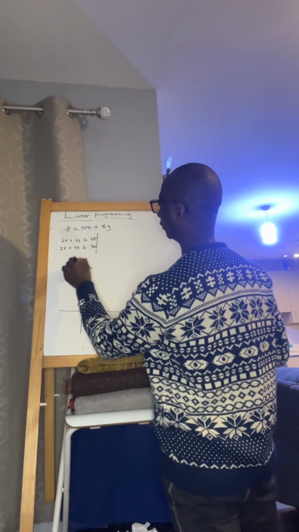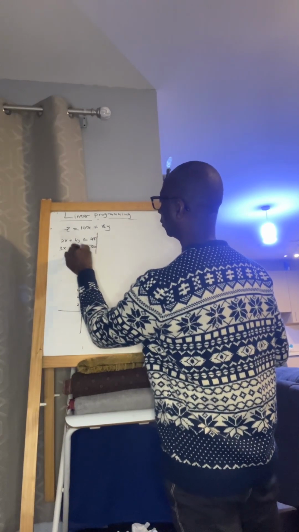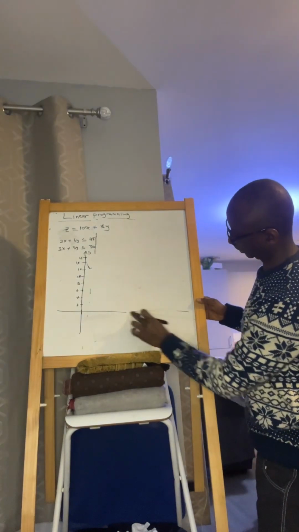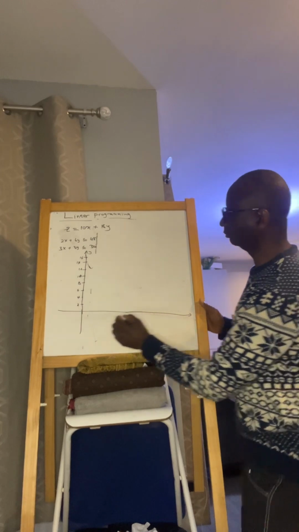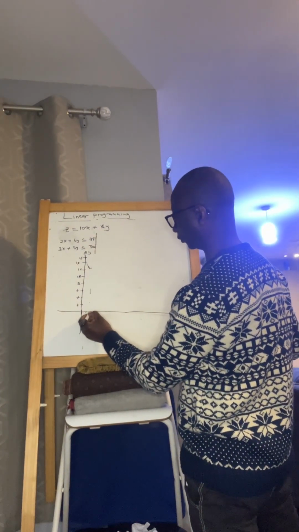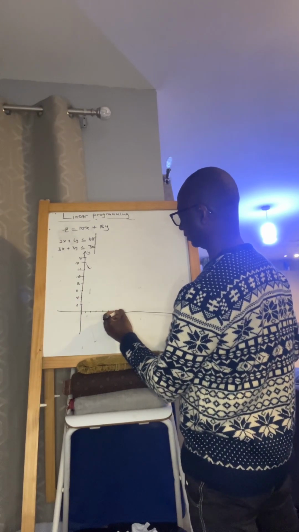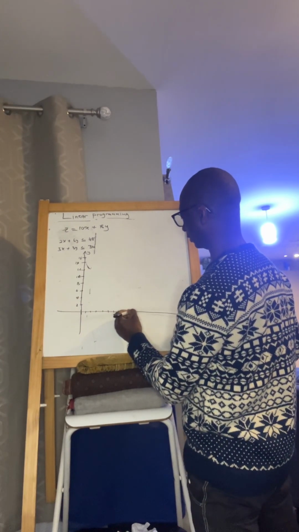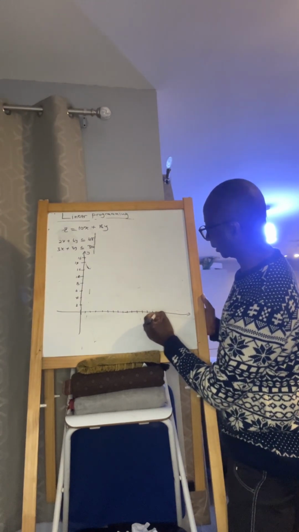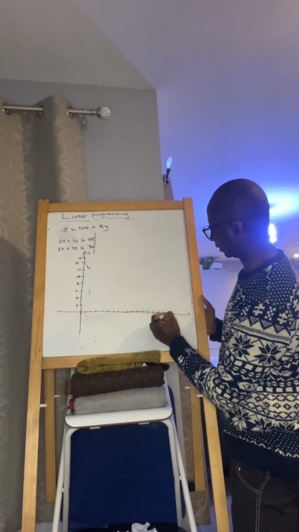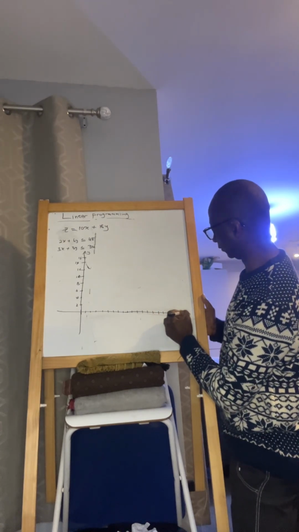12, 14, 16, and this is your y-axis. This is not straight. See? Then again you have 2, 4, 6, 8, 10, 14, 16, 18, 20, 22, 24, 26, 28, 30, 32, 34, 36, 38, 40, 42.